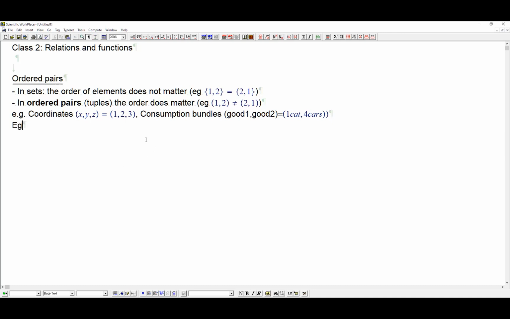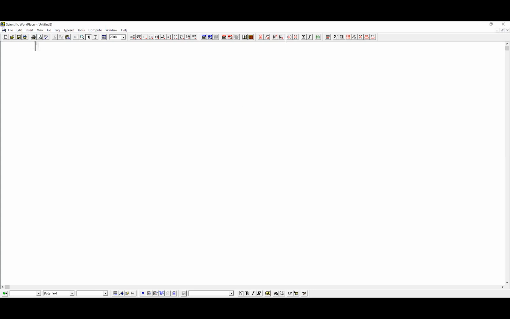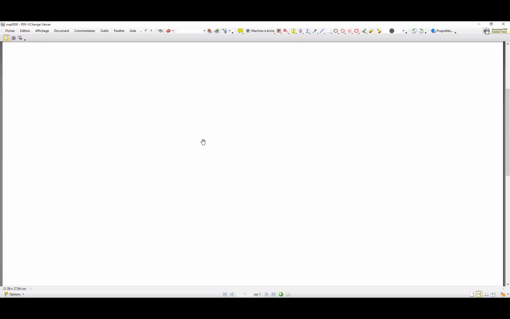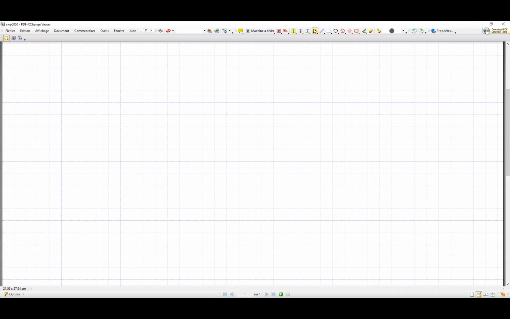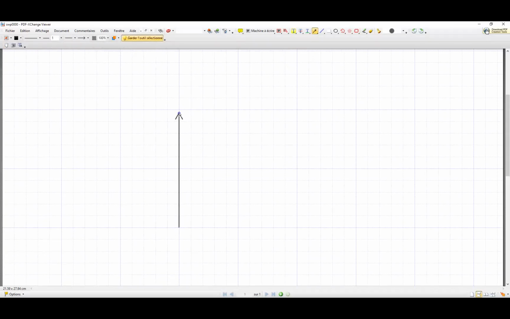So example for coordinates. If I have, for instance, let's do it like this.